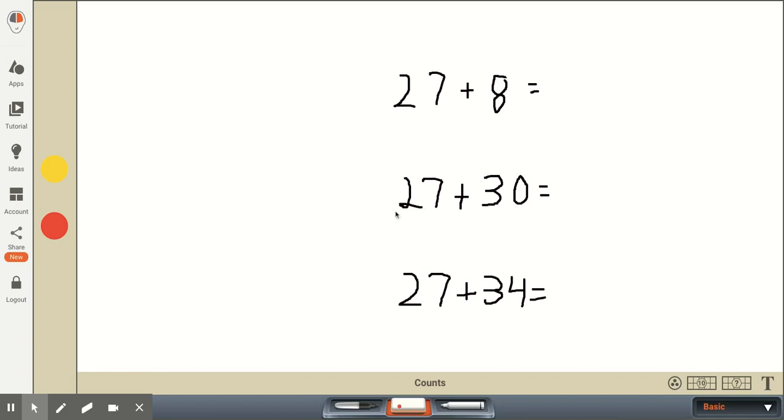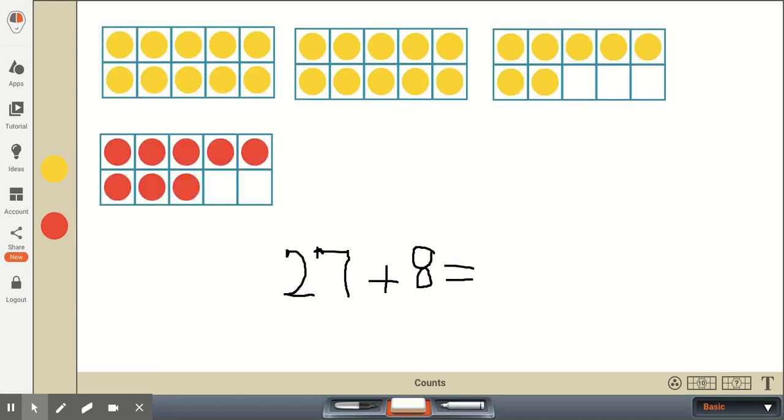And the third type of example will be adding 2-digit numbers. We'll show each of these examples in 3 different ways. One will be using a 10 frame, another will be using base 10 blocks, and the third way will be using number lines.